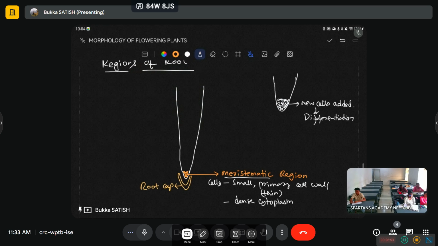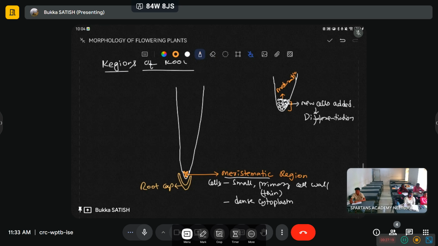Now, the point is, towards the proximal end of this meristematic zone, that is towards this side, they will be undergoing maturation or differentiation. Only the cells which are added towards this side will be undergoing maturation, not the cells present inside this.